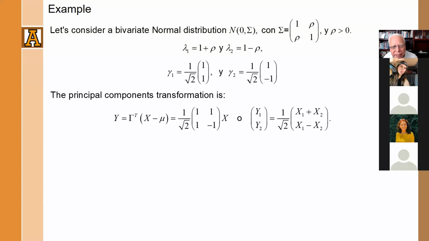Now, so that you don't get bored, I'll do it very easy. Let's show that lambda 1 is 1 plus rho, and lambda 2 equals 1 minus rho, and these are the gamma 1 and gamma 2 matrices. So I'm going to stop sharing, and you're going to show that in groups, so you have some fun.